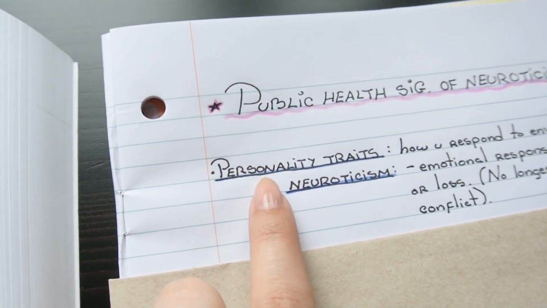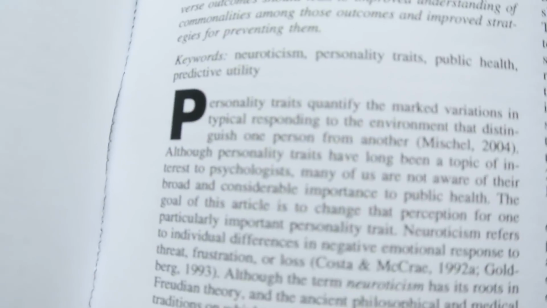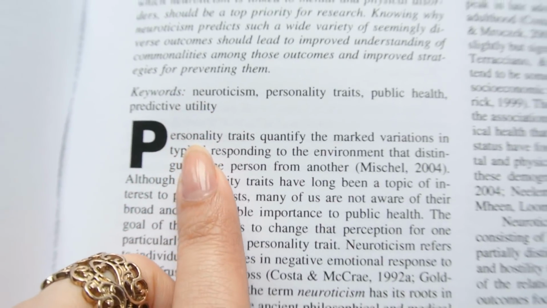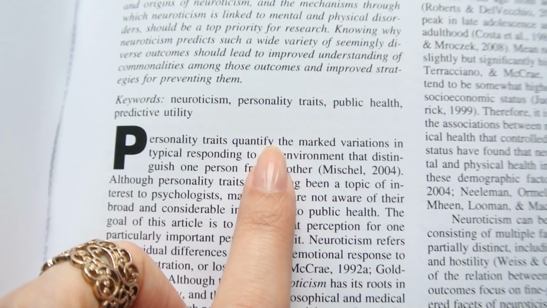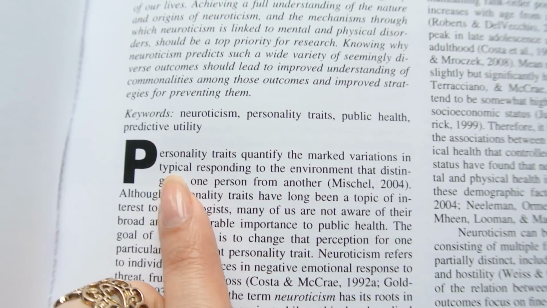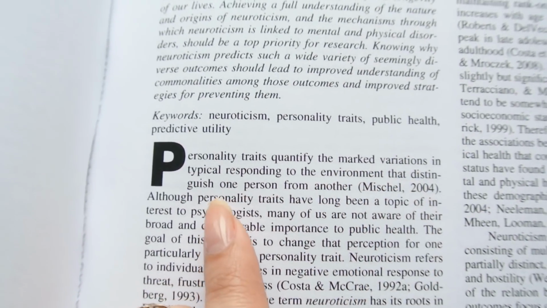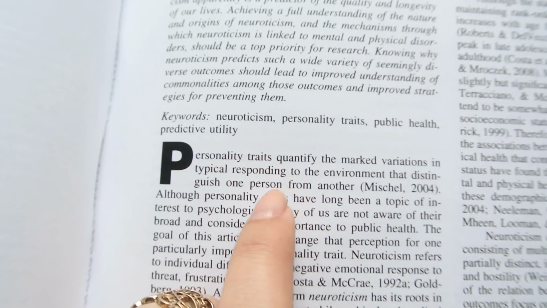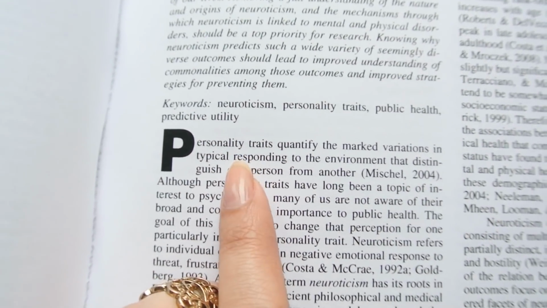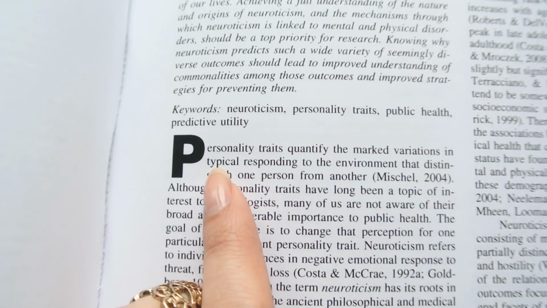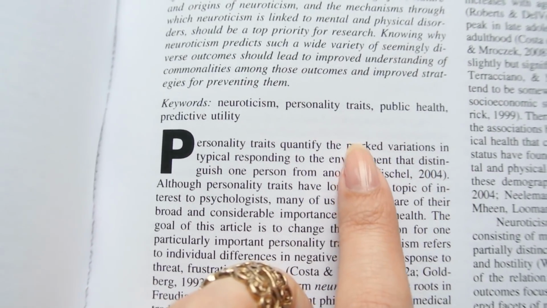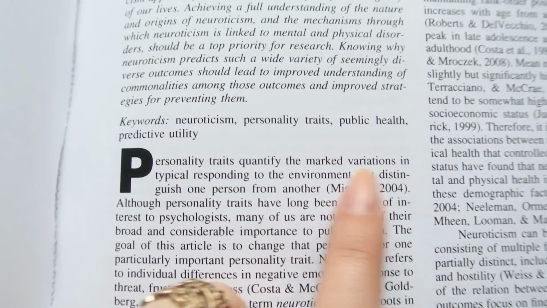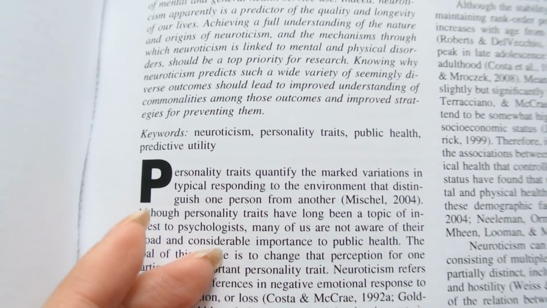Now, how do you define personality traits? Let's go back to the book. Here it says, personality traits quantify the marked variations in typical responding to the environment that distinguishes one person from another. Blah, blah, blah. You don't need all of that. Let's put it in our own words. Basically, what I understood from personality traits is how we respond to the environment.